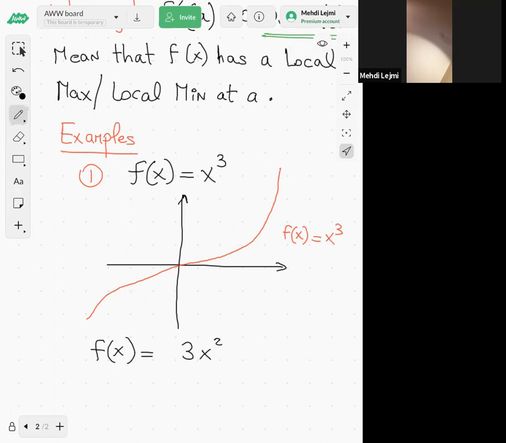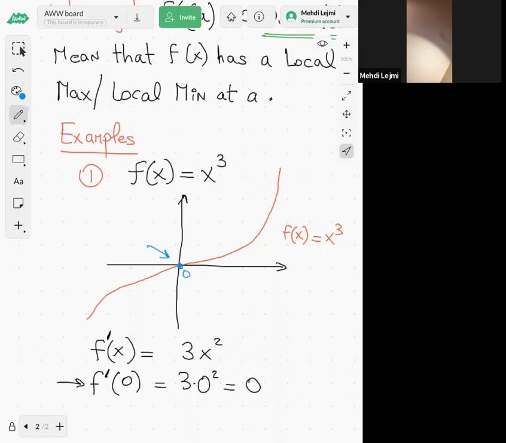So what will be f prime of 0? f prime of 0 is of course 3 times 0 squared, which is 0. But you can see here, at x equal to 0, this point here is neither a local maximum nor a local minimum.